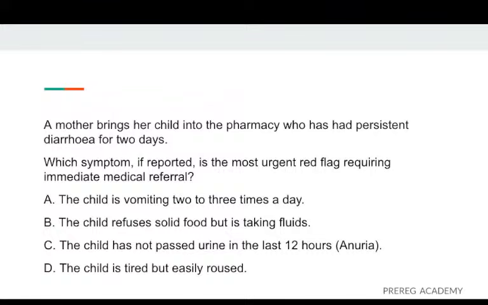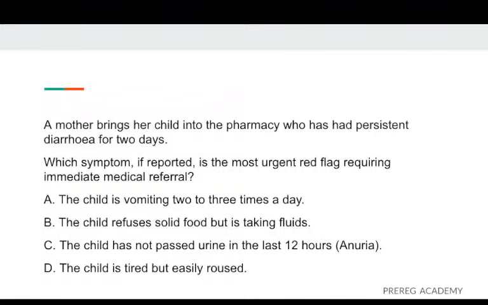Remember that if you get a question in the exam, one of the red flags for referral in children is anuria. Even in practice, one of the questions you should always ask is if the patient still has wet nappies. Reduced urine output is a red flag for referral. So for this question, if the child has not passed urine in the last 12 hours, that is a red flag for referral.